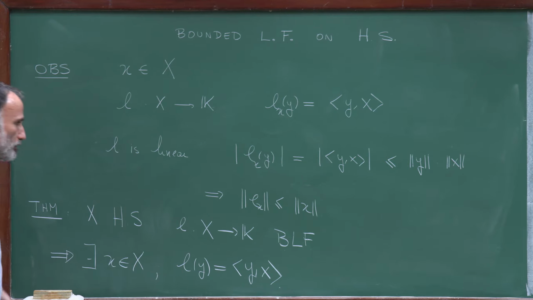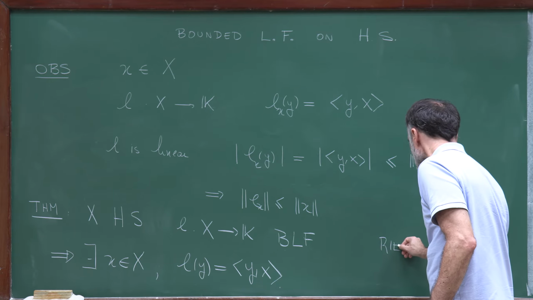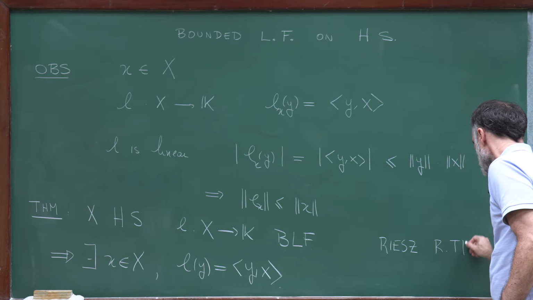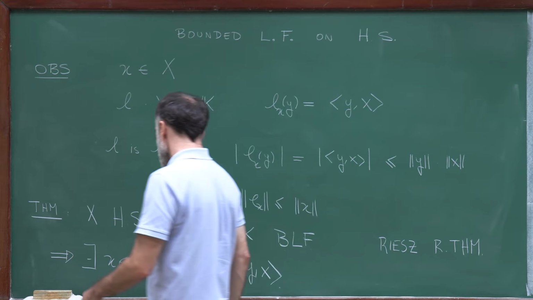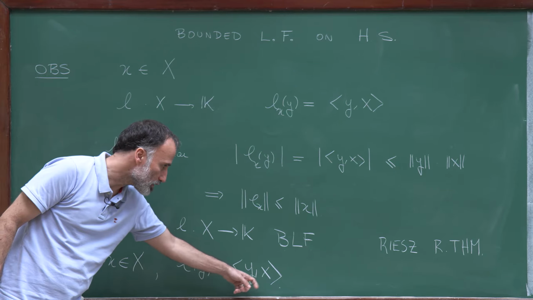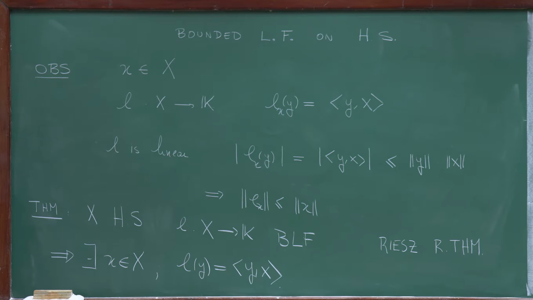And this is called the Riesz Representation Theorem. And this is the first main result of this lecture, so that all bounded linear functionals can be represented as scalar product with respect to a fixed element x.